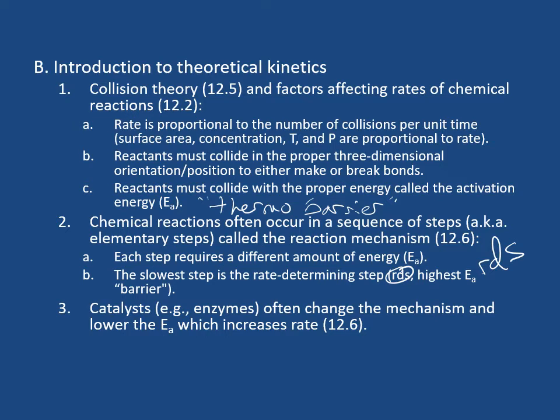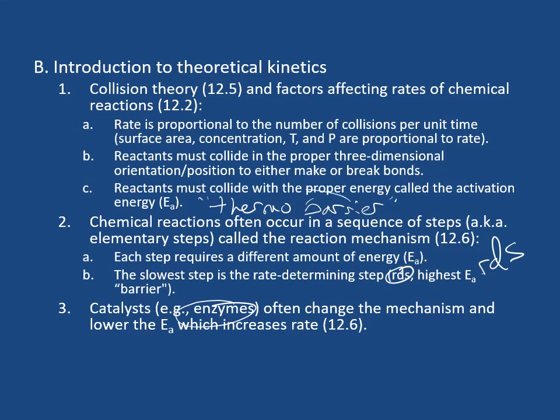And catalysts. The word kind of says it: a catalyst catalyzes the reaction. It speeds it up. How does it do that? An enzyme is a biological catalyst, something in plants or animals or just in the natural world. To increase the rate, they lower the activation energy.